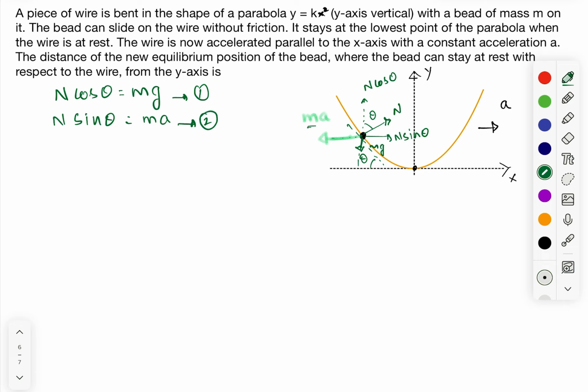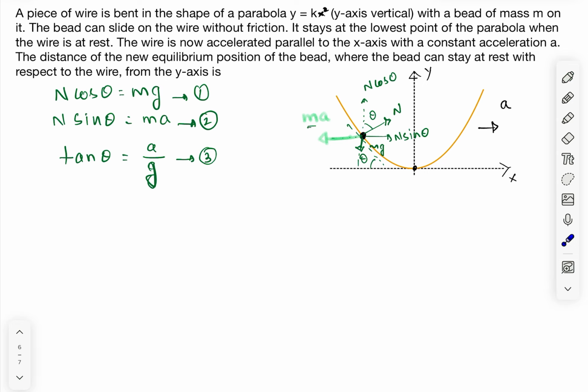Divide both equations. So what I have is tan theta is equal to a by g, right? This is one relation we are getting. Let us take it as equation number 3. What they are asking is the shift of the new equilibrium position. Now you see this is angle theta, and it is changing at every point.